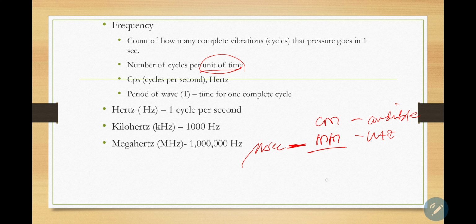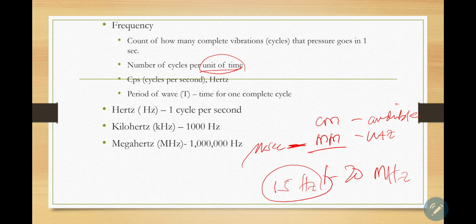Ultrasound that is useful in ultrasonography, we said that's 1 to 20 megahertz, very far from the hertz. Whereas infrasound is usually less than that, okay? Less than the 15 hertz that describes the audible sound. Okay, so frequency is usually represented by the unit hertz, or the symbol capital H and small z. 1 hertz is equal to 1 cycle per second.